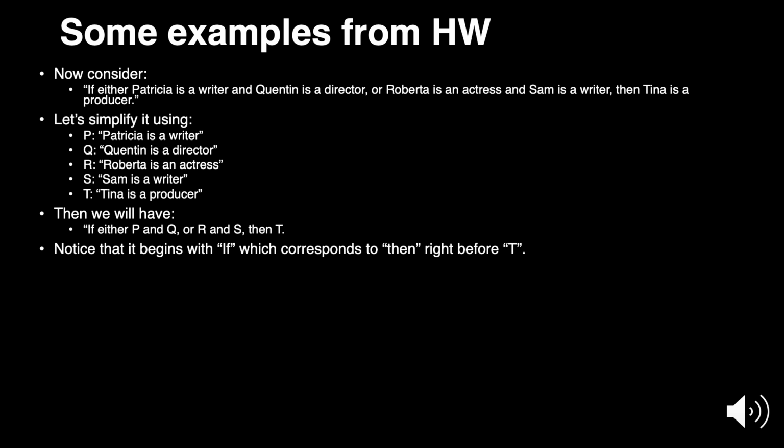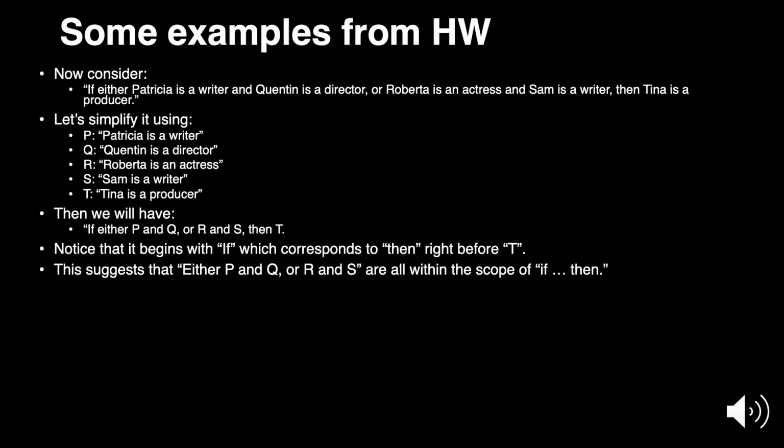So you can see that this part of the sentence, namely either P and Q or R and S, is within the scope of if-then. So using parentheses, you can represent it like this: if, open parenthesis, either P and Q or R and S, close parenthesis, then T.